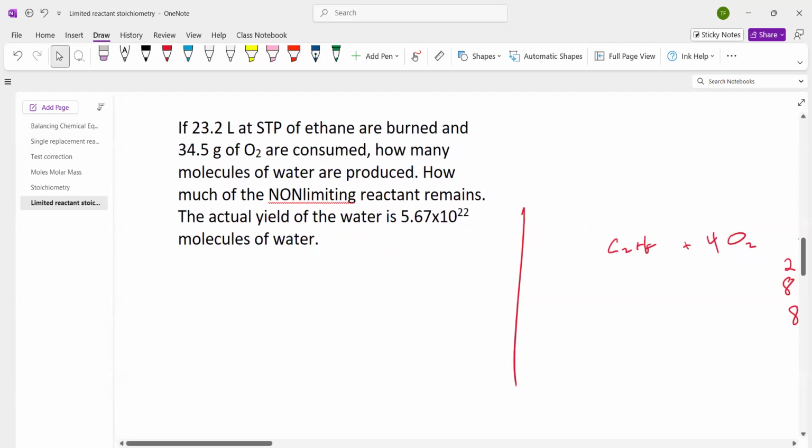All right, we're starting off with 23. Notice, as soon as I said liters of gas, I had to say STP. Now in this class, again, we're going to assume it's at STP. You can't assume that when you get to 1A, 2A, or 3A, however. But if it's at STP, we can use the 22.4 liters per mole. So let's start with the ethane.